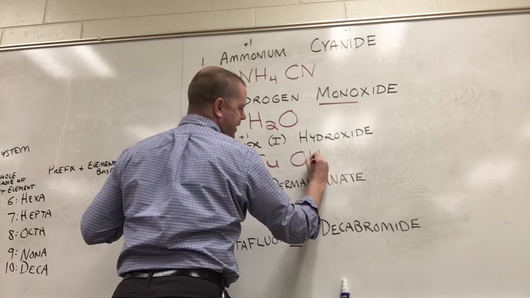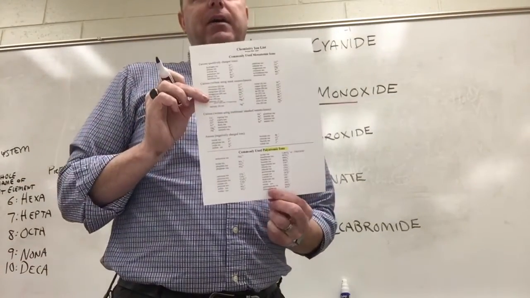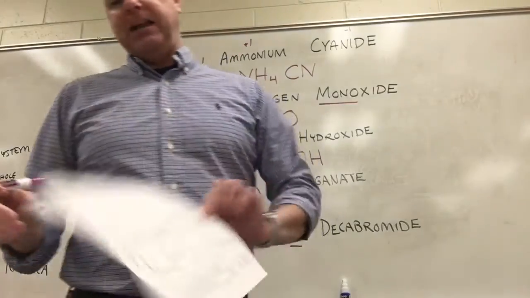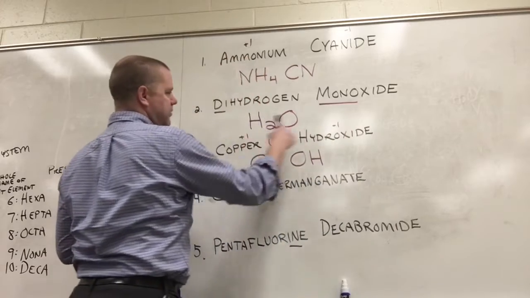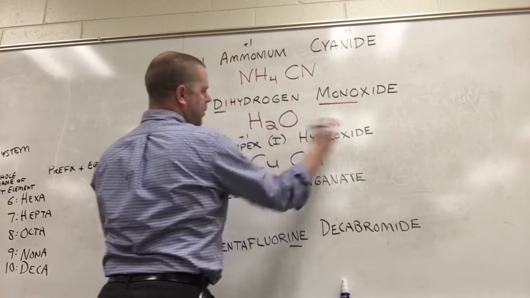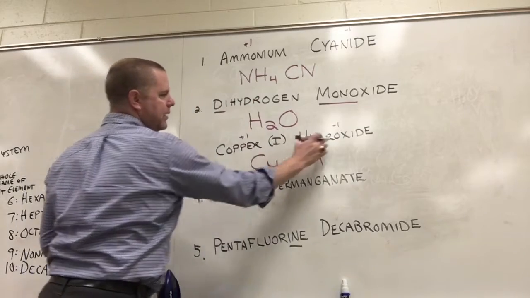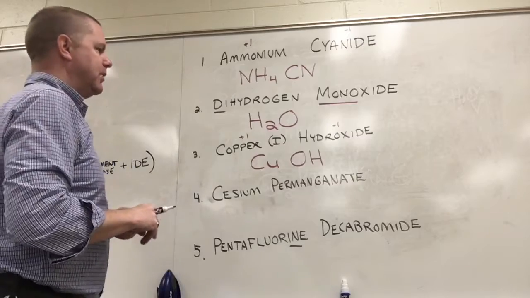If we go and find that on our polyatomic ion sheet, hydroxide is -1. So therefore, again, just like in the first problem, +1 and a -1. We have 1 electron being transferred. Cu, 1 of them. Hydroxide, 1 of them. CuOH is the proper way to write it.